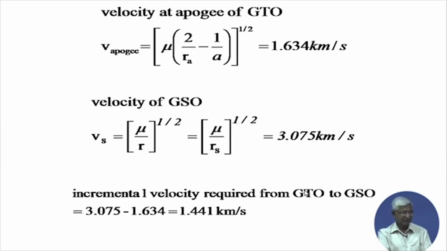Simple calculation, but you must try to do it yourself. Do not get hung up on the decimal numbers. It is just approximate, to give you a feel that only this much thrust is to be given. So, the fuel expense is not much at apogee if we try to do it.